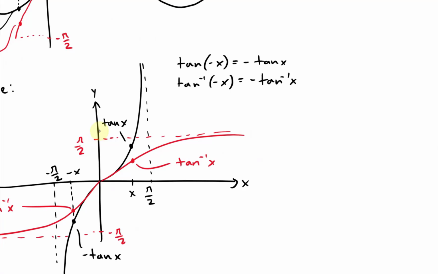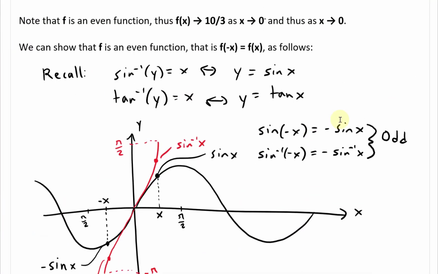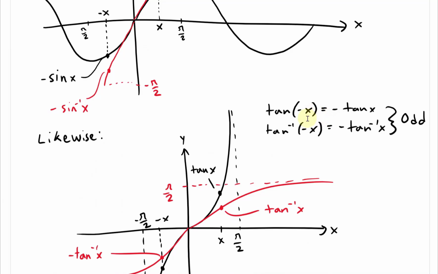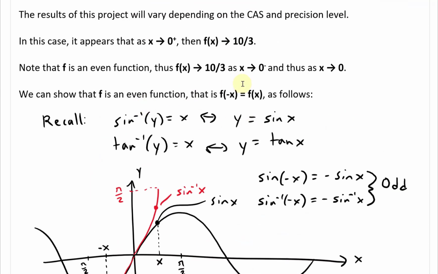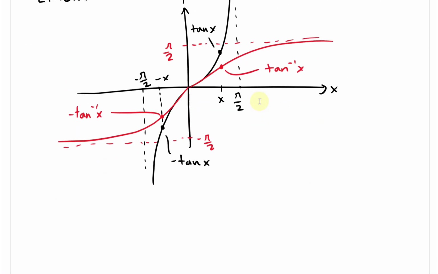Let's draw this a bit better. Odd. Alright, so those are all odd. This is odd, because when you put a negative x inside the function, you get the negative of the same value. But we're going to show that f of negative x equals f of x, which is even.